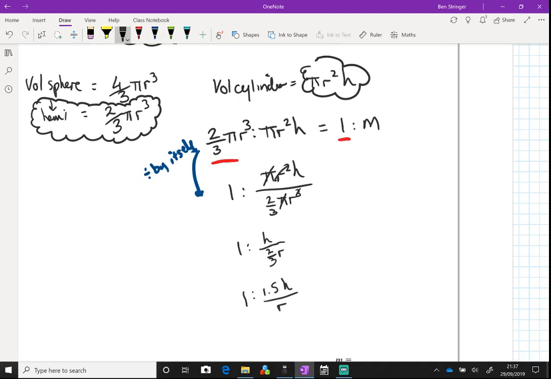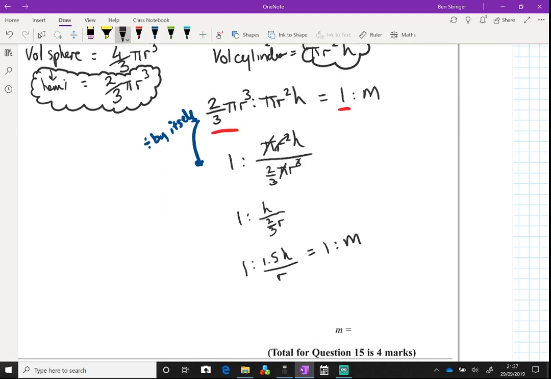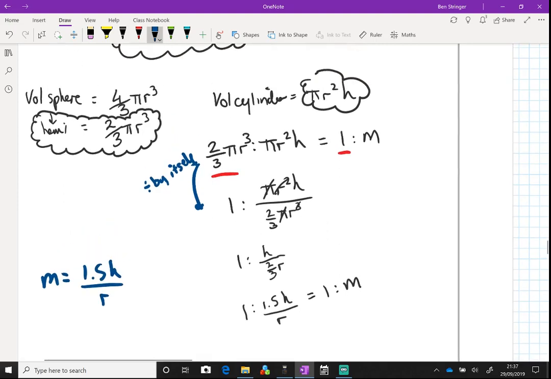That's just another way to look at it. I prefer that. So m is equal to this. M is equal to 1.5 h over r.